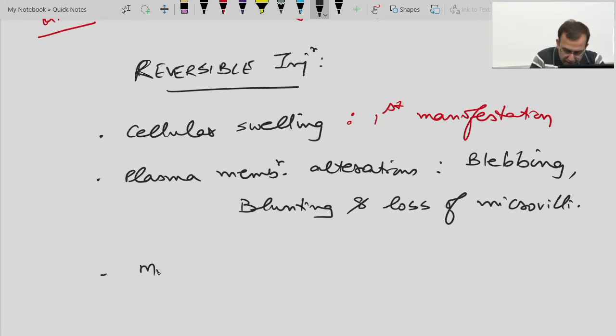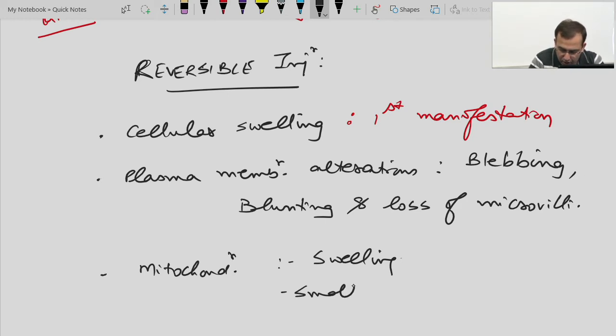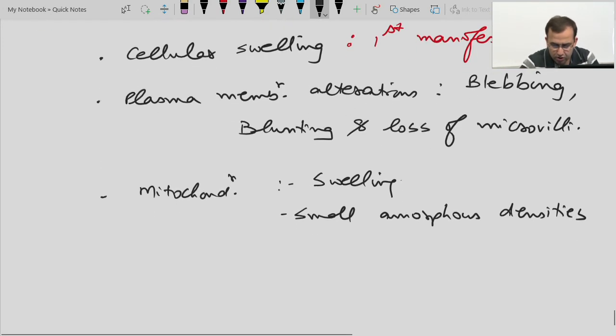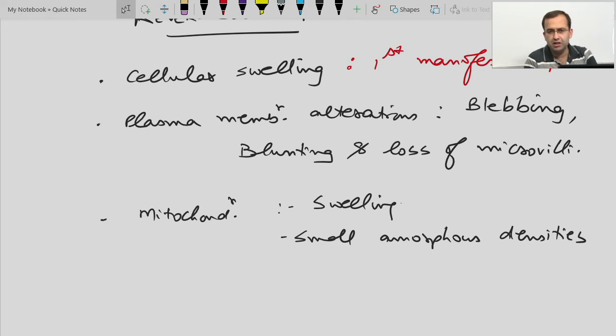Next, mitochondrial changes: mitochondrial swelling and small amorphous densities in mitochondria. Please note, small amorphous densities are reversible, large amorphous densities are irreversible.